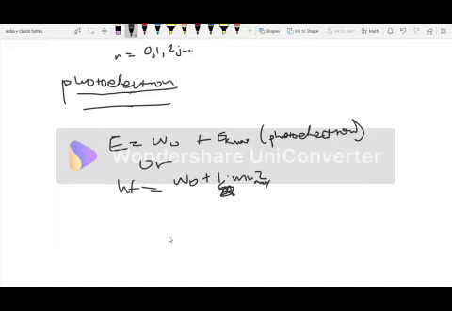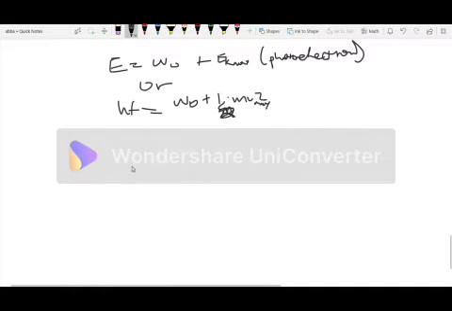So now that is what we need to understand. So now we have the cutoff frequency. Now what is a cutoff frequency? With the cutoff frequency, right, remember each material has a minimum frequency.